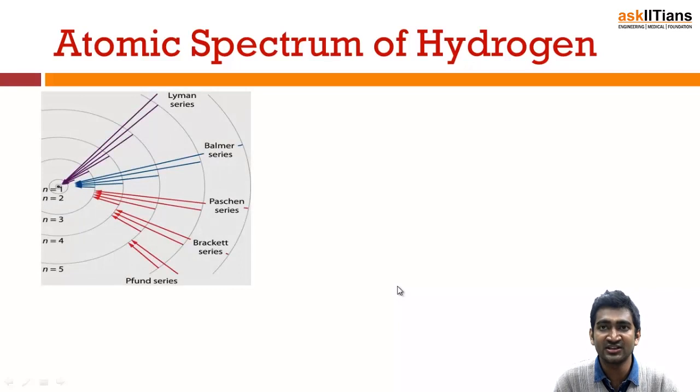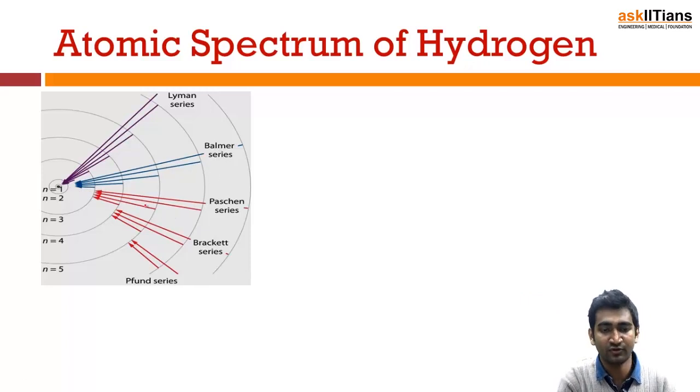So what actually is meant by that series? If I'm saying Lyman series, this is my n equal to 1, this is n equal to 2, n equal to 3, n equal to 4, and n equal to 5. The number of lines which can come to n equal to 1 is given by the Lyman series. Similarly, the lines which reach n equal to 2 from a higher state to that lower state are the Balmer series.